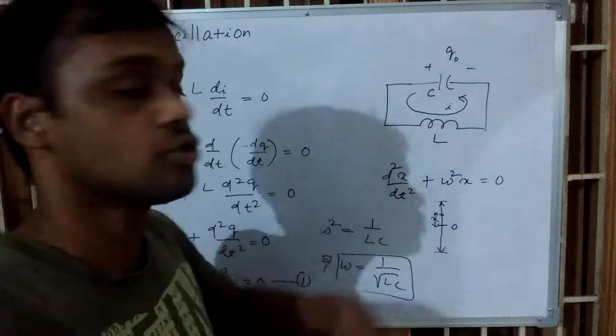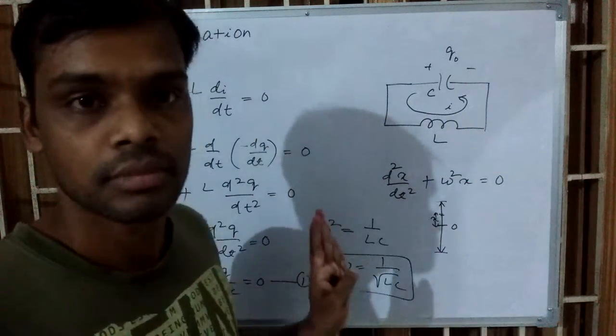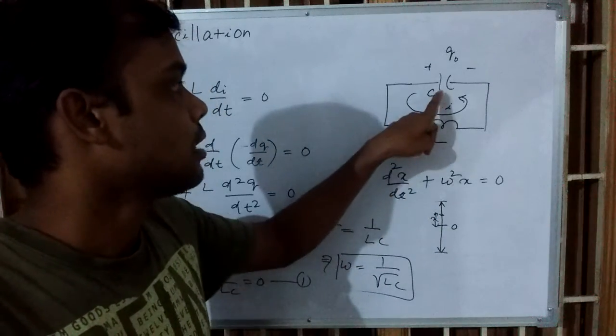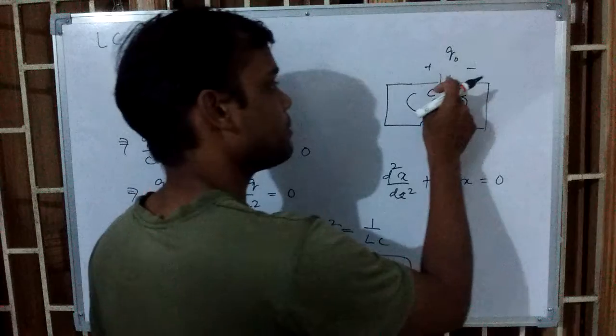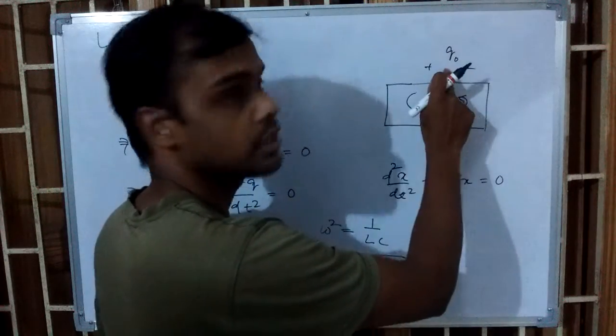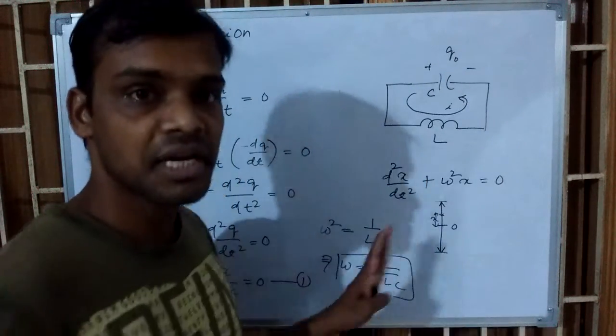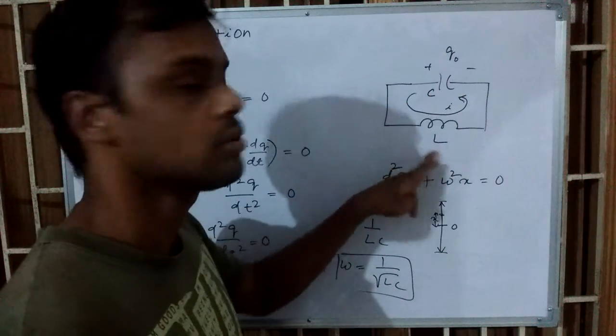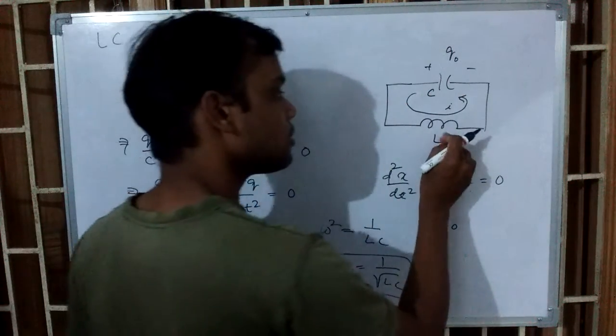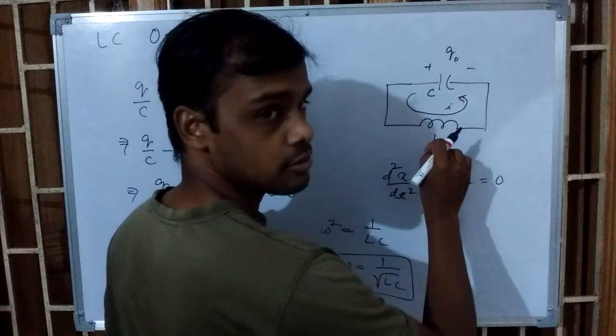It will start storing energy at once. As soon as current enters, it will start storing energy. Then after all the charges are over here, the capacitor is completely discharged. Total energy will come back to the inductor. Then the inductor will send current in this direction also.